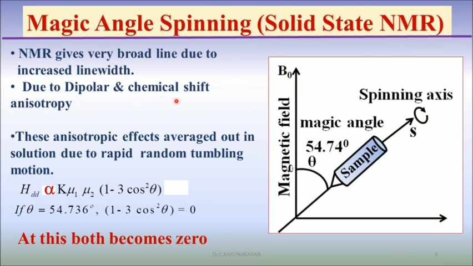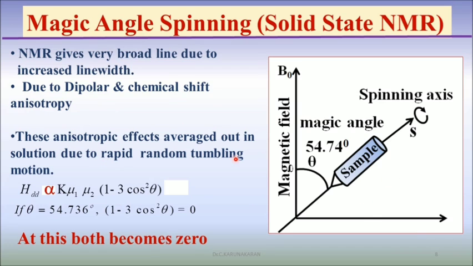Here we will study what magic angle spinning is, and why it is important in solid state NMR. In the solid state, the compound gives a broad line in the NMR spectrum because of increased line width due to fast spin-lattice relaxation, dipolar interactions and chemical shift anisotropy.